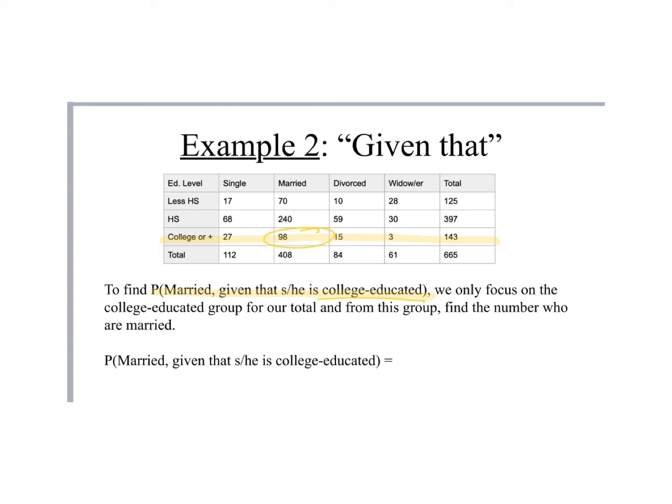So the probability that a person is married, given that he or she is college educated, would be 98, because that's the event we're talking about, out of now only the college-educated people, which is 143. This gives us 0.685, or 68.5%.